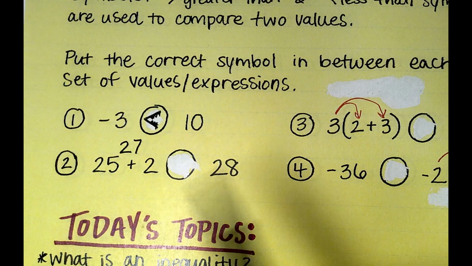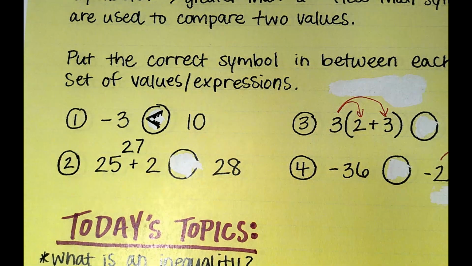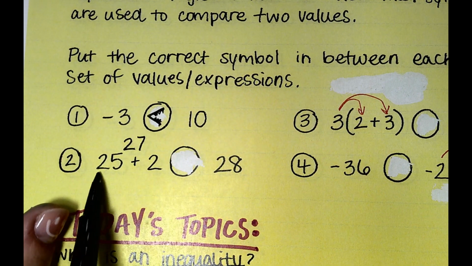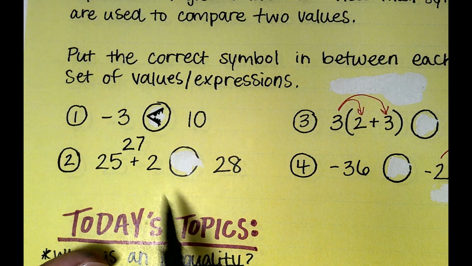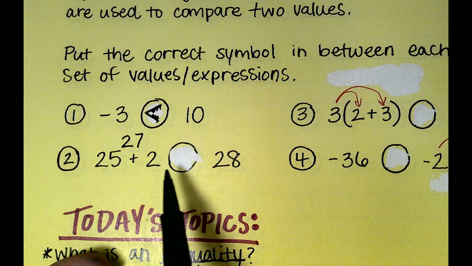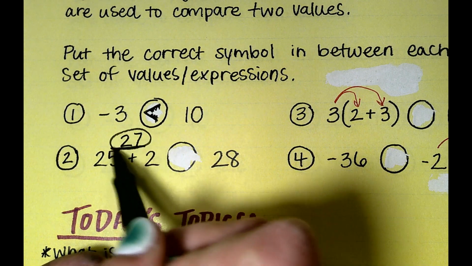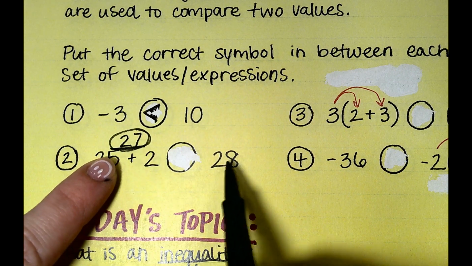Make sense? Okay, so let's look at number 2. I forgot to white out that 27, so you already kind of have that answer there. We have 25 plus 2, which is what? 27? Yes, 25 plus 2 is 27. So we're really comparing 27 and 28.